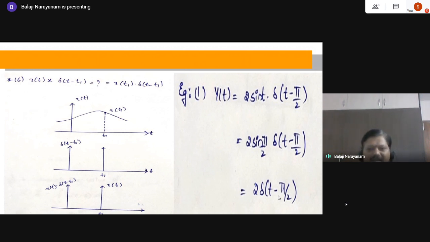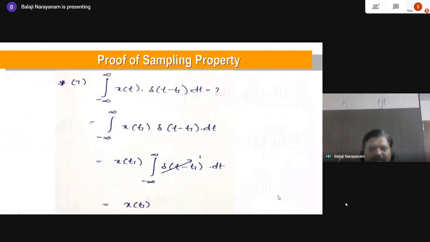This particular multiplication property, we can make use of in the sampling property also. So what is it? Again, integral minus infinity to infinity. The given function is x of t multiplied with the impulse delta of t minus t1 dt. As per the multiplication property, at time t we need to substitute t1.